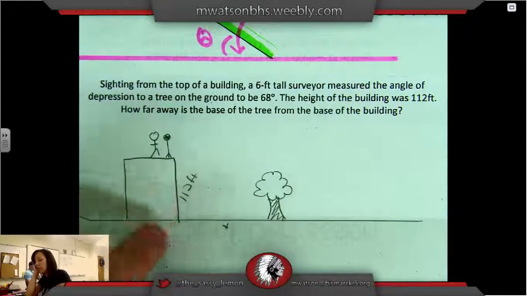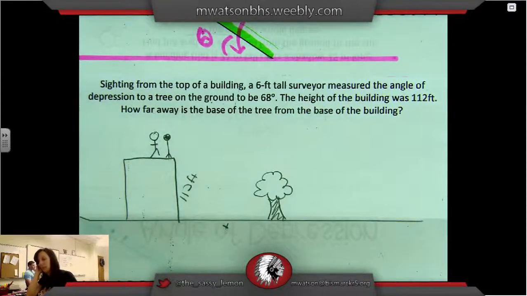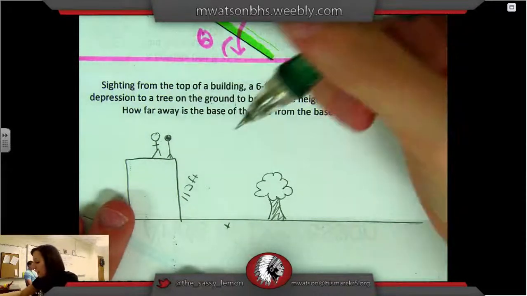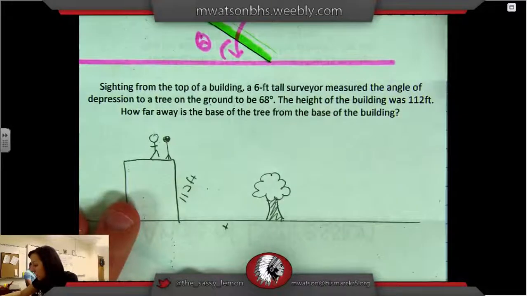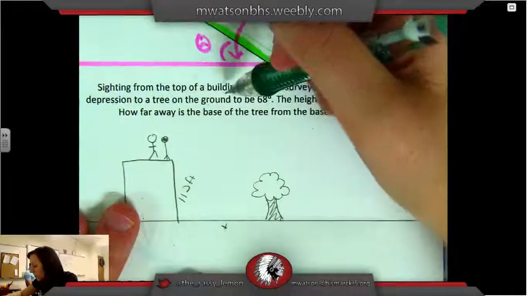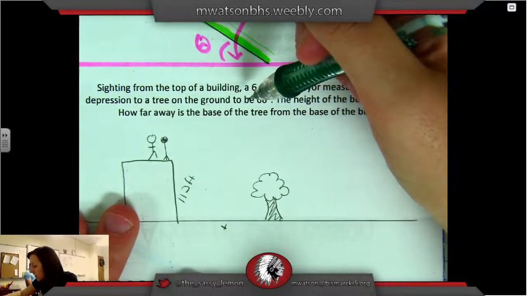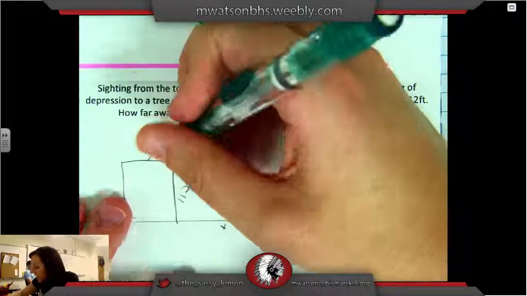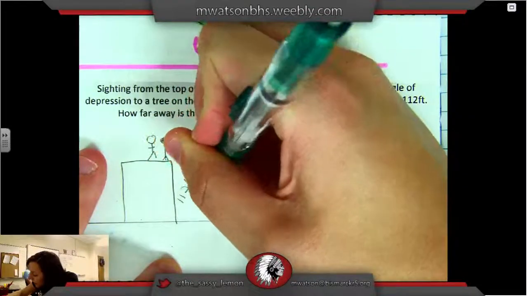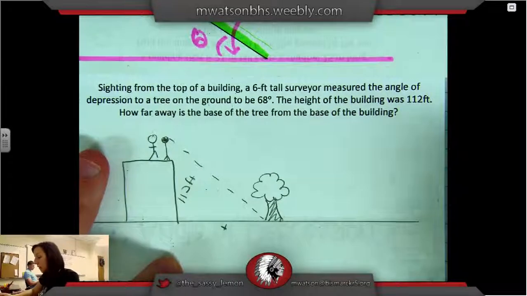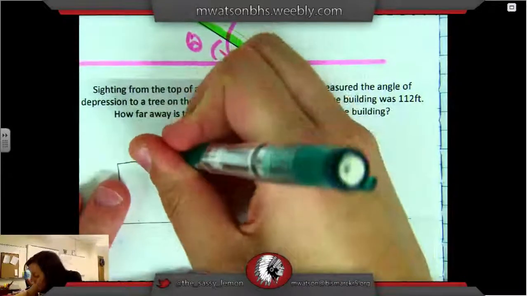We have how tall the building is, and we are going to write in the angle of depression. So the angle of depression to the base of the tree on the ground is probably what it should have said. And that's 68 degrees.